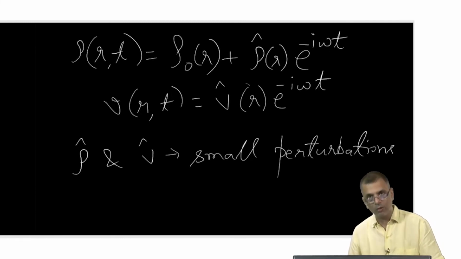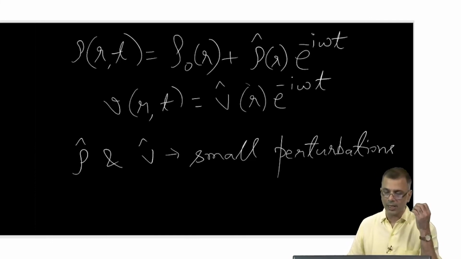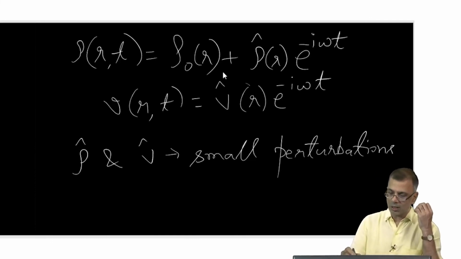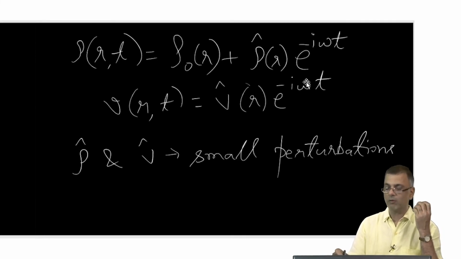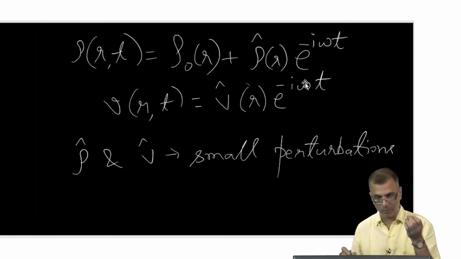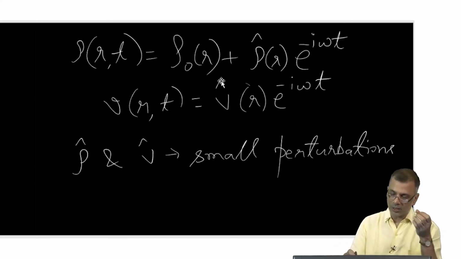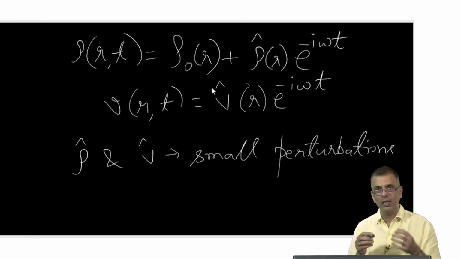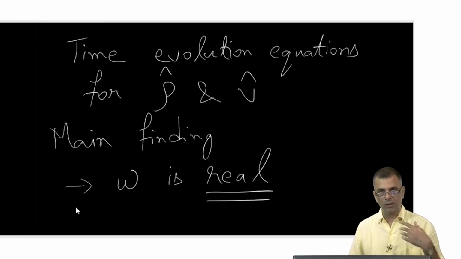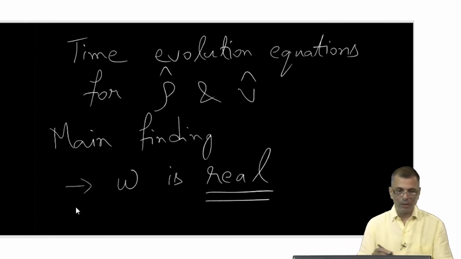If it was a growing solution, what it would imply is that the presence of a non-zero velocity, in other words, if omega was not real, if it had a complex part, it would imply that the presence of a finite starting velocity is enough to render the Parker solution unstable. Okay.